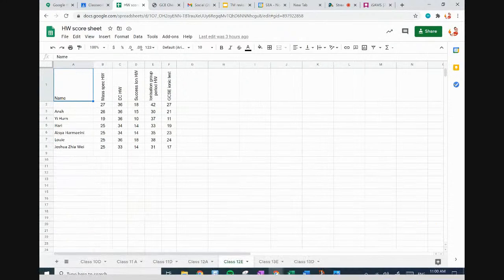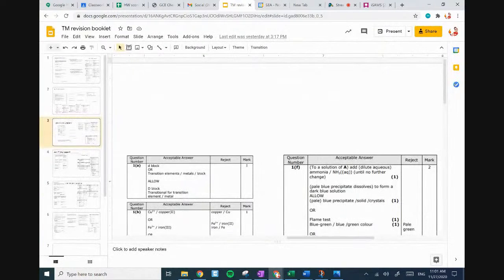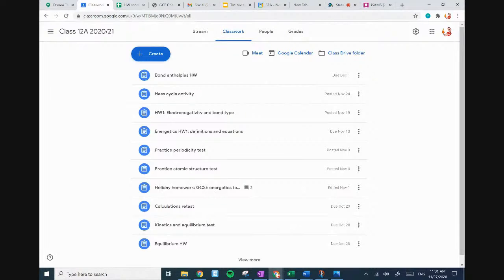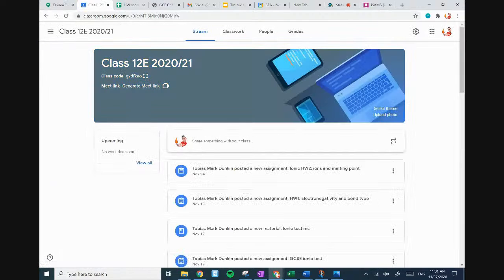That one there. I don't know which ionic homework this was on the classroom. This was Ionic homework 2, ions and melting points.